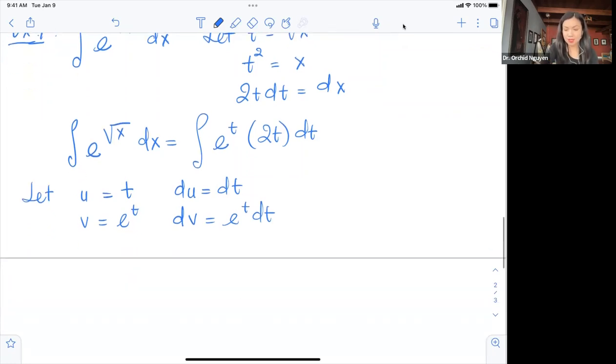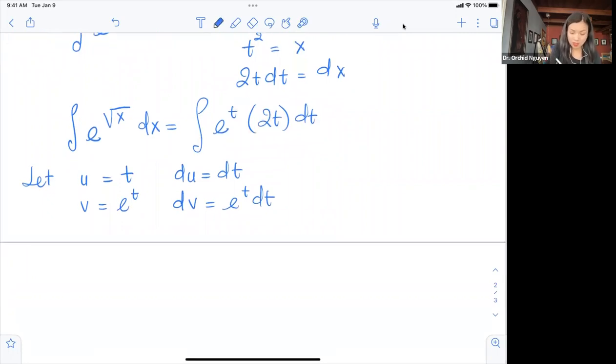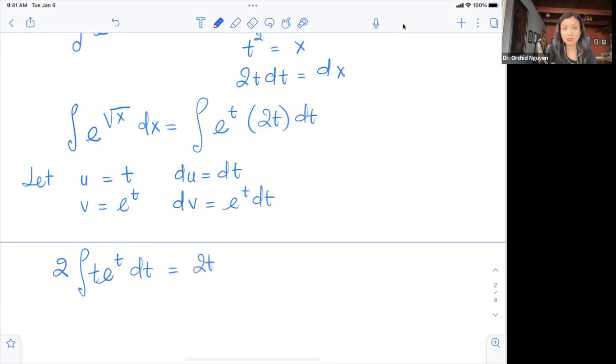Okay, I can take this 2 out because it's just a constant. So let's rewrite: 2 times the integral of e to the t, and I'm going to put the t in front, dt. This one turns into 2t e to the t, right?